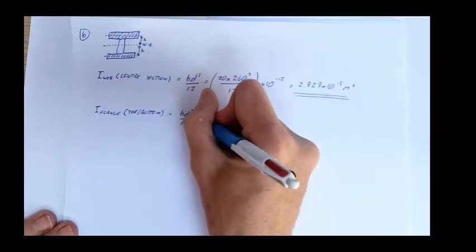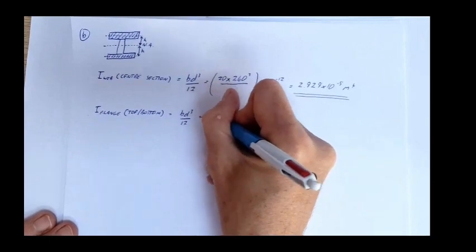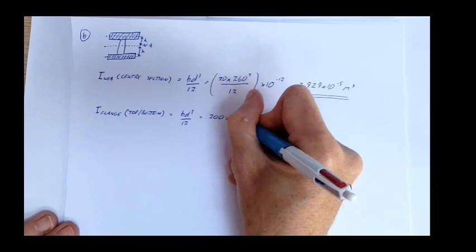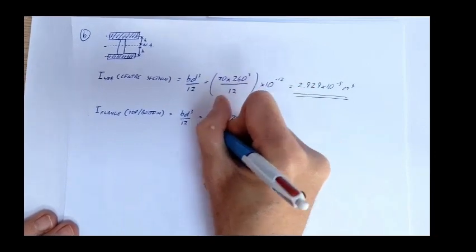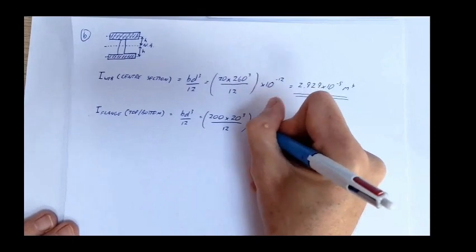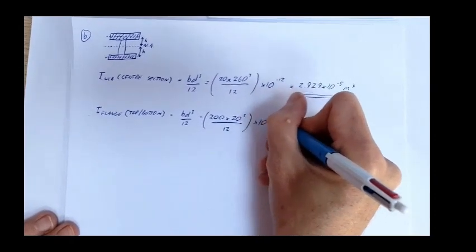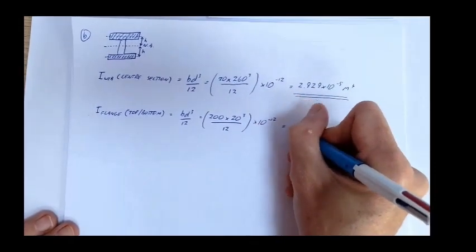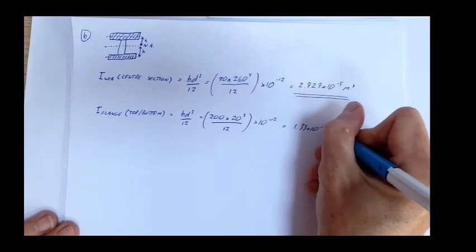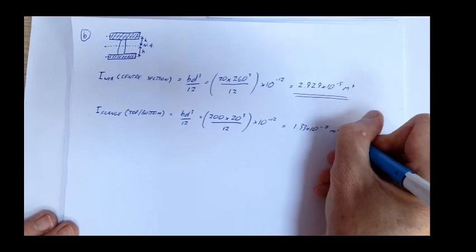And that's equal to 200 times the depth, 20, cubed over 12, times 10 to the minus 12 to get that into meters. It's going to give me 1.33 times 10 to the minus 7 meters to the 4.